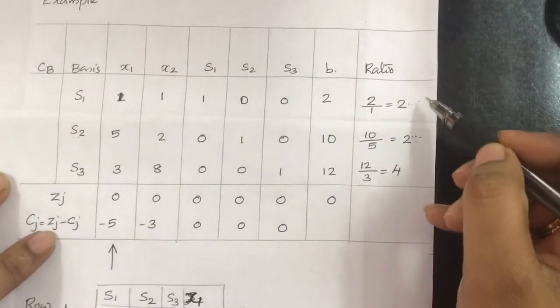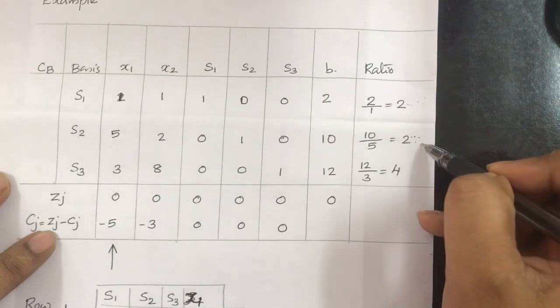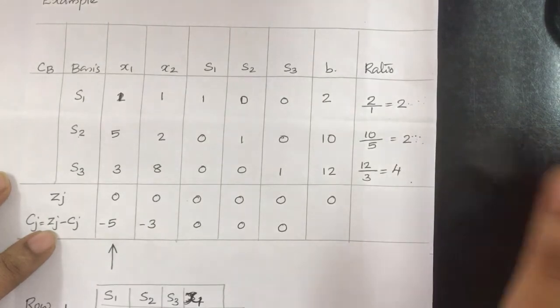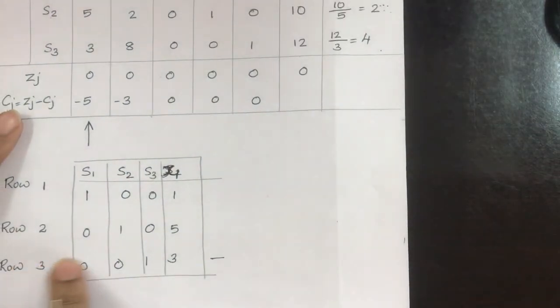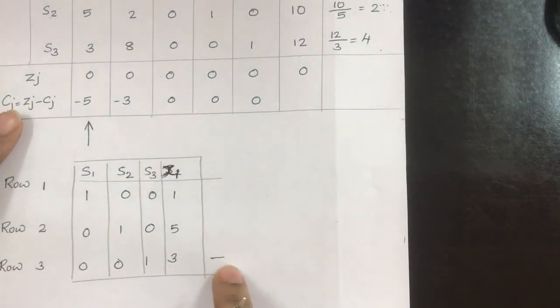Here the tie occurs in row 1 and row 2. There is no tie in row 3, so we do not need to find the ratio for row 3.